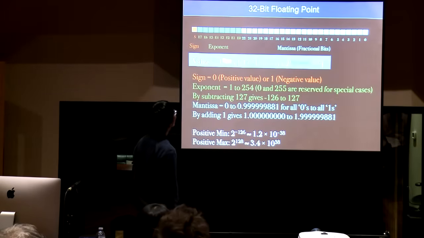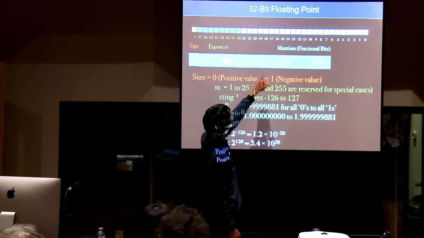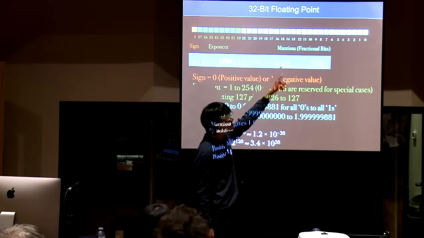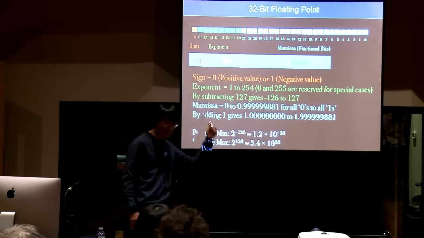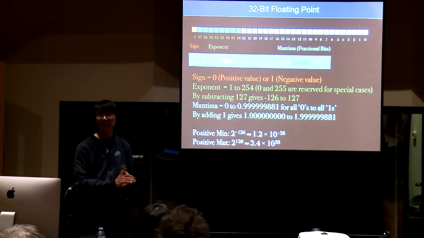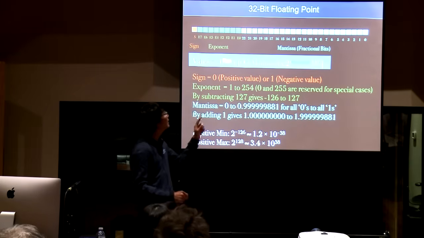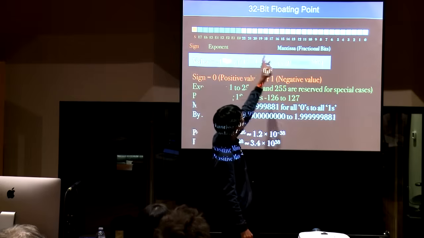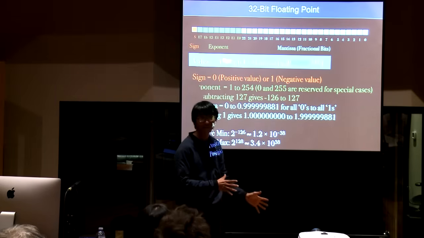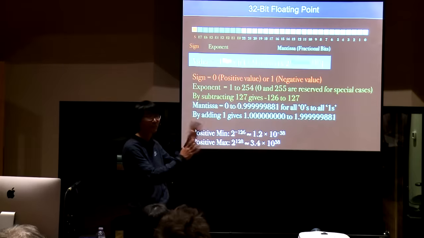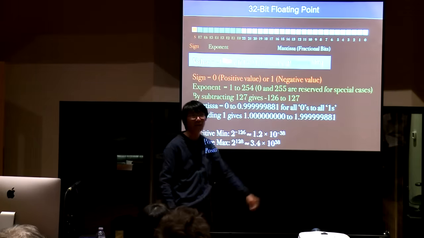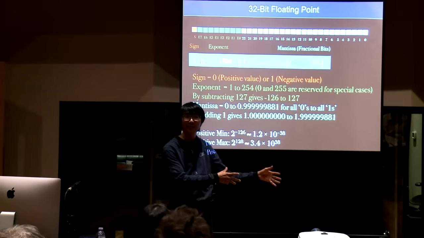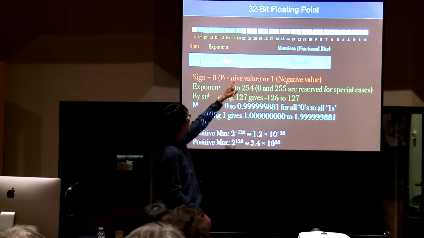Good. And now there's a mantissa. Mantissa is just a number, just like the good old fixed point. It's the same thing. But when they define it, this just represents the fraction, right? So it only represents whatever number this is, like 0 point whatever. And then they add 1 to it.